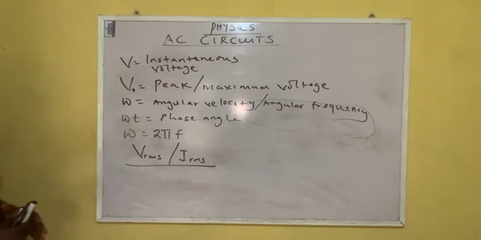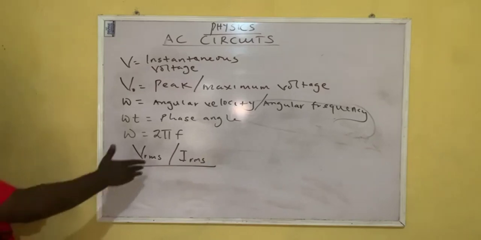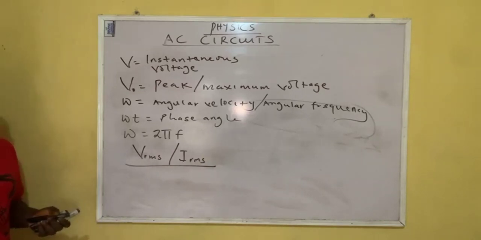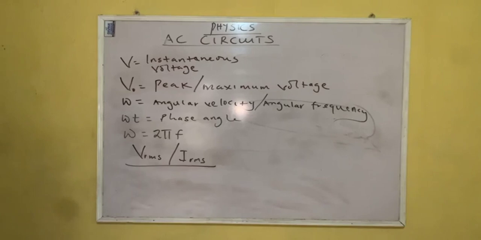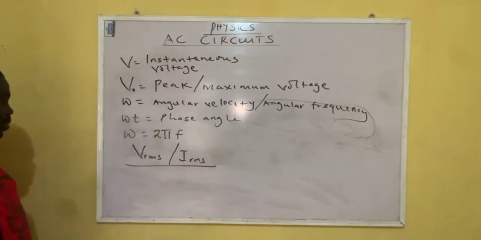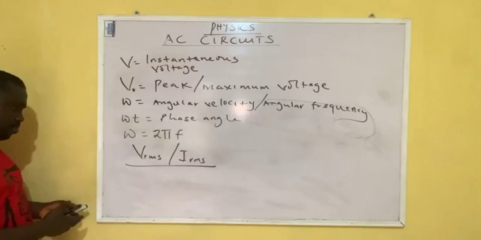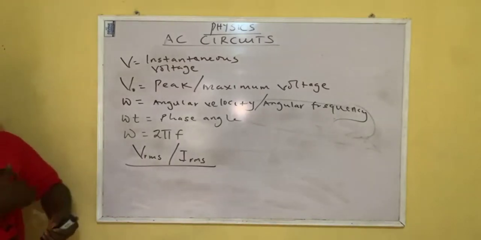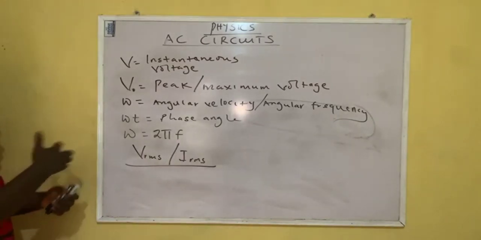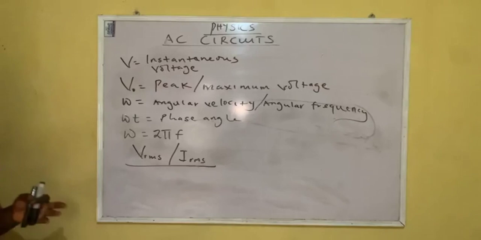So now the next thing you want to look at is the voltage root mean square and the current root mean square. Okay, so how do I explain this? What do you understand by this? Now, I hope you know that explaining voltage and current in DC, that's direct current, is quite straightforward.